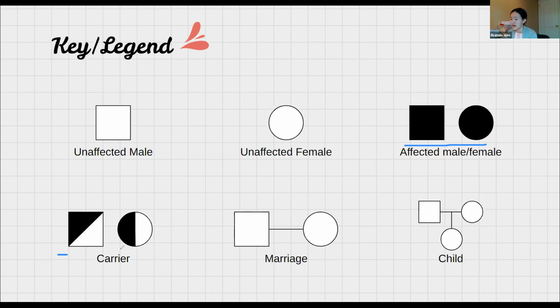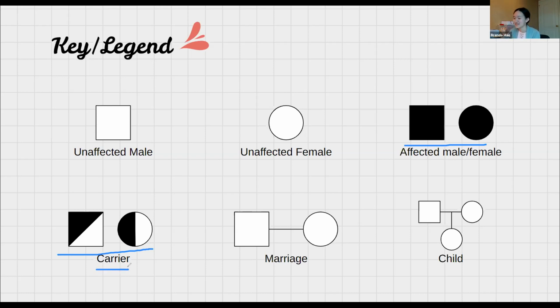And if it is half shaded, that means they are a carrier. In this case, that means they are heterozygous because they carry the recessive allele. This only applies when the trait we're tracking is recessive, because if it was dominant, then carriers are not that big of a point. Actually, there would be a point. Okay, never mind.